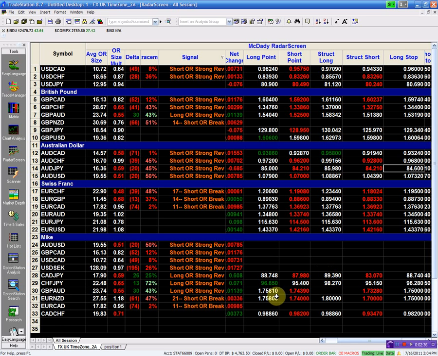So if I had, for example, my euro dollar, my structure short, and my short point is 142.16, and then it's trading below the 142.16 and you're making money, and then for whatever reason after a day or 2 or 5 days it comes back above the 142.16, that now automatically becomes a buy signal.